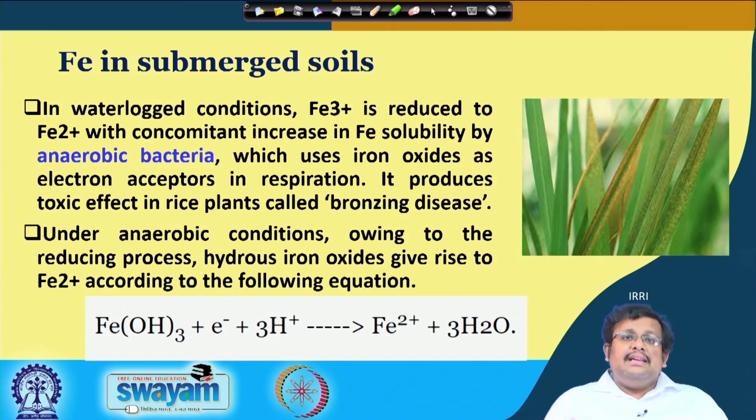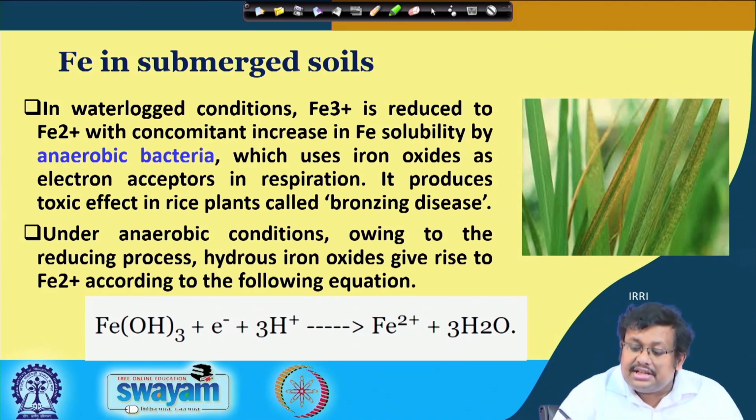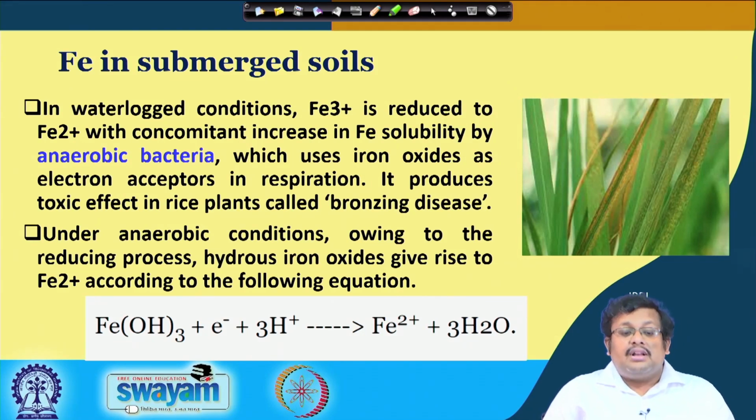So, basically the iron Fe3+ is reduced to Fe2+ by anaerobic bacteria, and it produces toxic effects. When the iron increases, the toxic effect on plants can be seen, which we call bronzing or bronzing disease. As you can see in this picture, it is showing the bronzing of the rice plants.